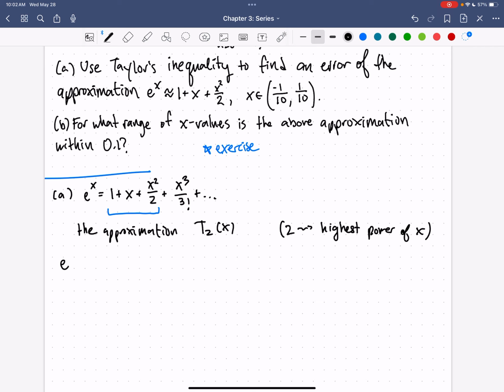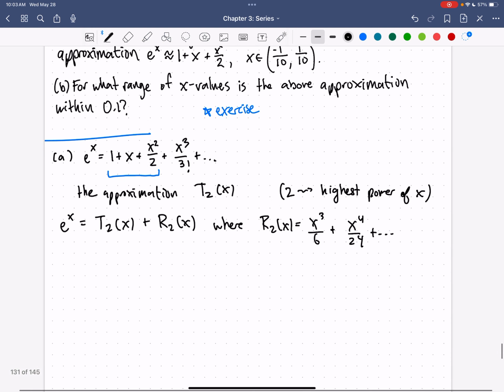Then we can write that e to the x is equal to this degree 2 polynomial plus the remainder, so all of those terms after it. So to be specific, R2(x) is equal to x cubed over 6 plus x to the 4 over 24, and so on. I'm just expanding out the factorials there.